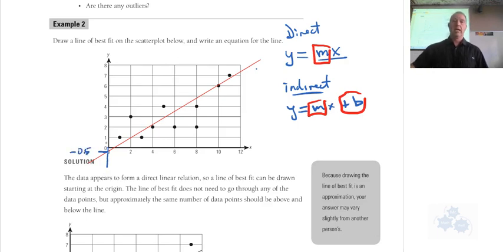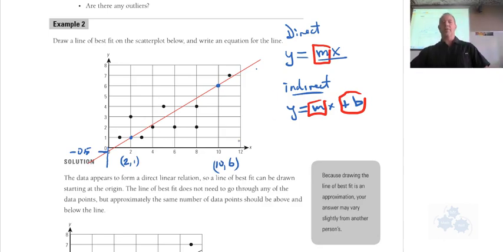Now you have to calculate the slope here. So you have to pick 2 points that look to be on the line. I'm going to use this point, and I guess it goes through this point too, so I'll use those two. I'm going to say 2, 1, and over here is 10, 6. Does everyone see that?